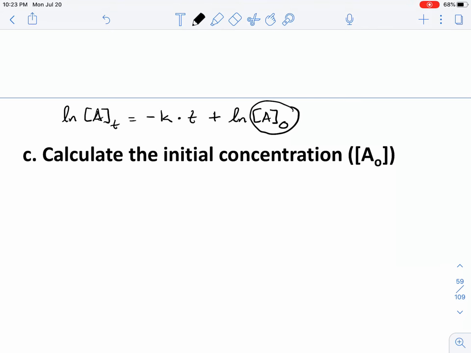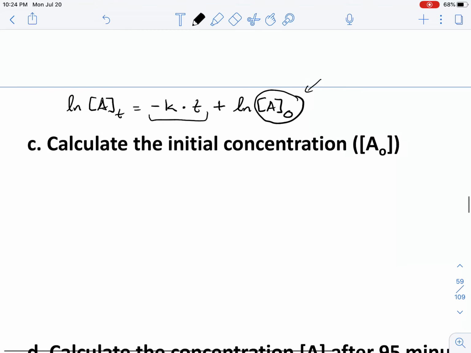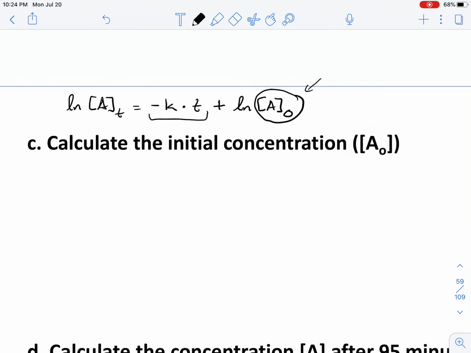And so since we're solving for this term, that means we're going to move some terms around. Since the relationship here is negative and positive, we're going to go ahead and add KT on both sides of the equation so that this term can be canceled out. And so we're going to basically move this to the other side.